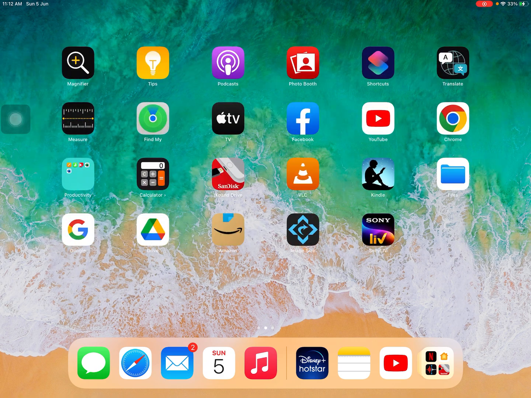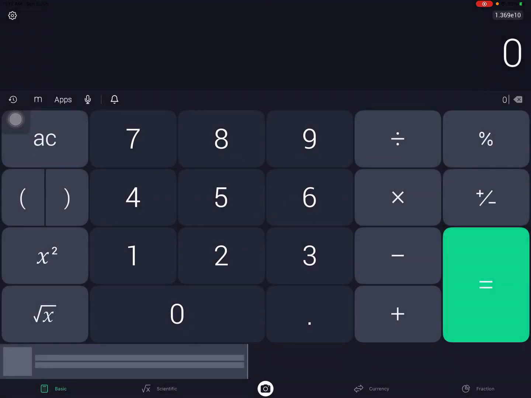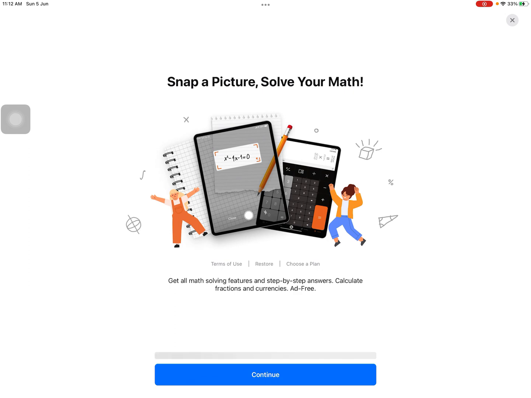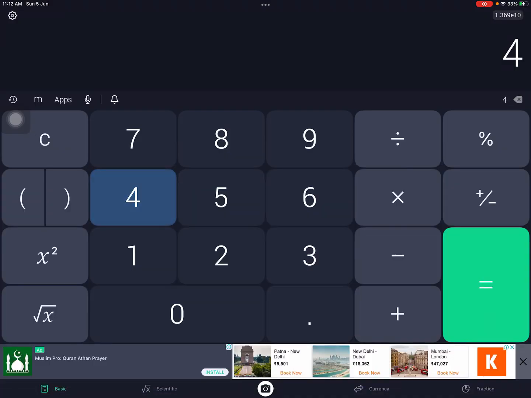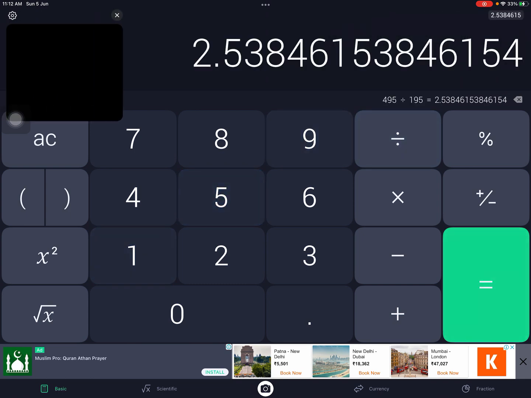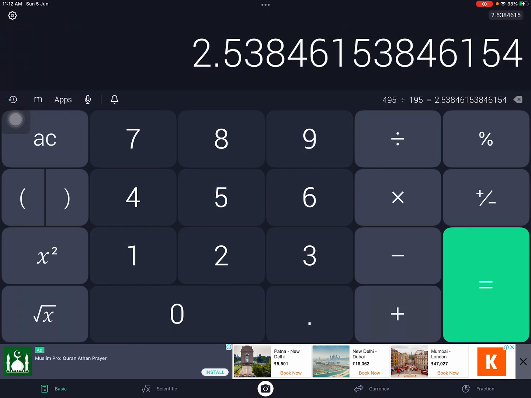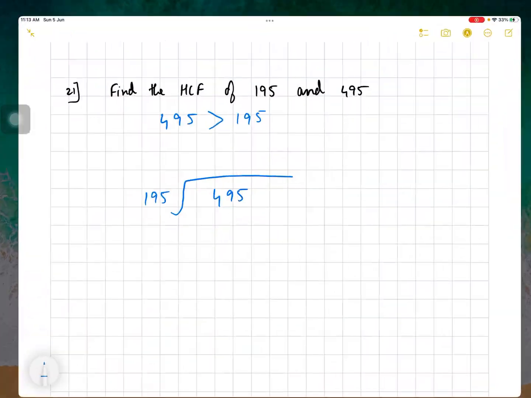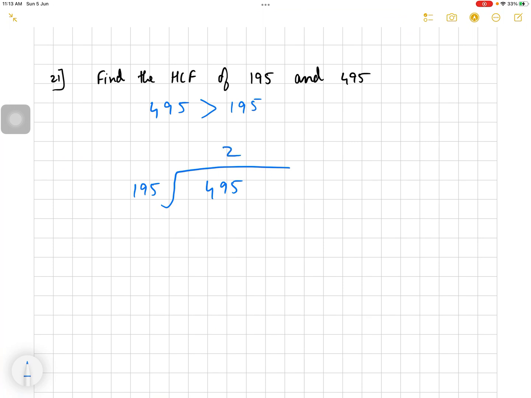495 divided by 195 comes to 2 point something, right? That means 195 2s are something.